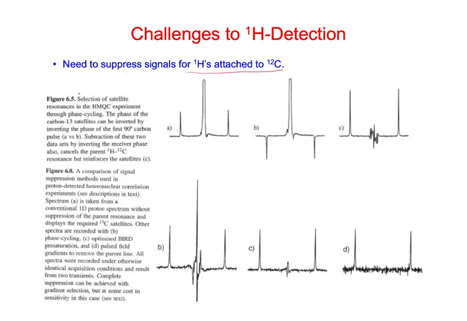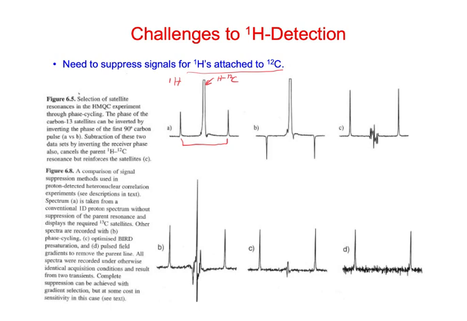Okay, so here's a few examples of ways to do it. I think A is just a normal proton spectrum. And we have here the proton attached to C12. And these are what we call the C13 satellites.